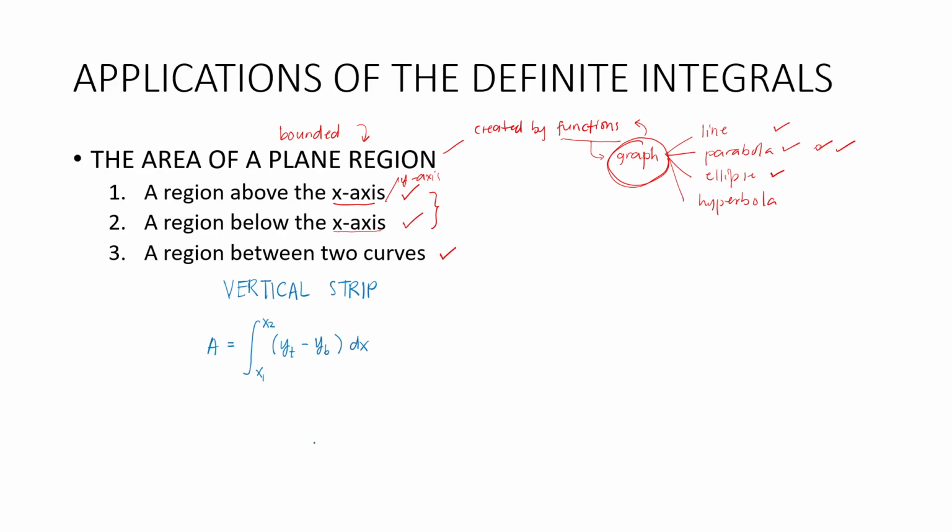So how do you define this formula? If we try to write the diagram, on the right side, let's say this one is your vertical strip. It's just an example. Before that, let's create the graph first and then create the vertical strip, so you'll understand why it's called a vertical strip.